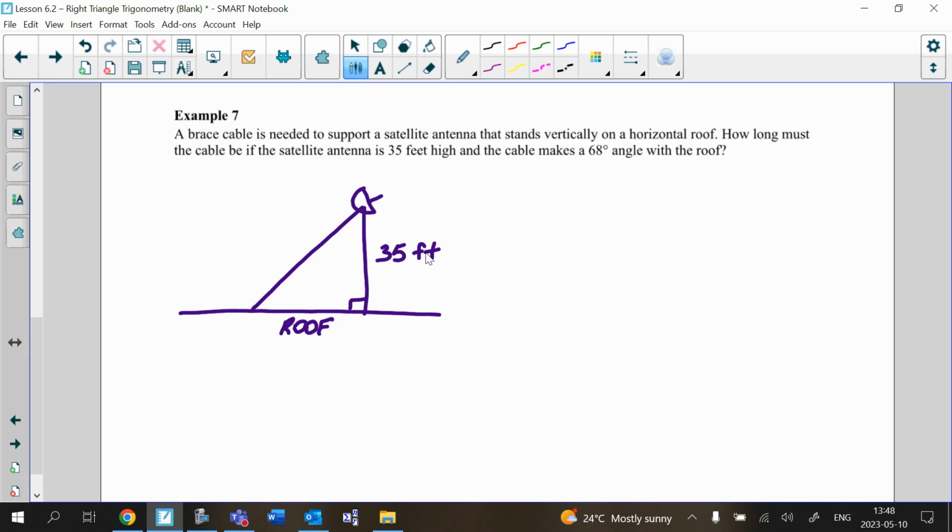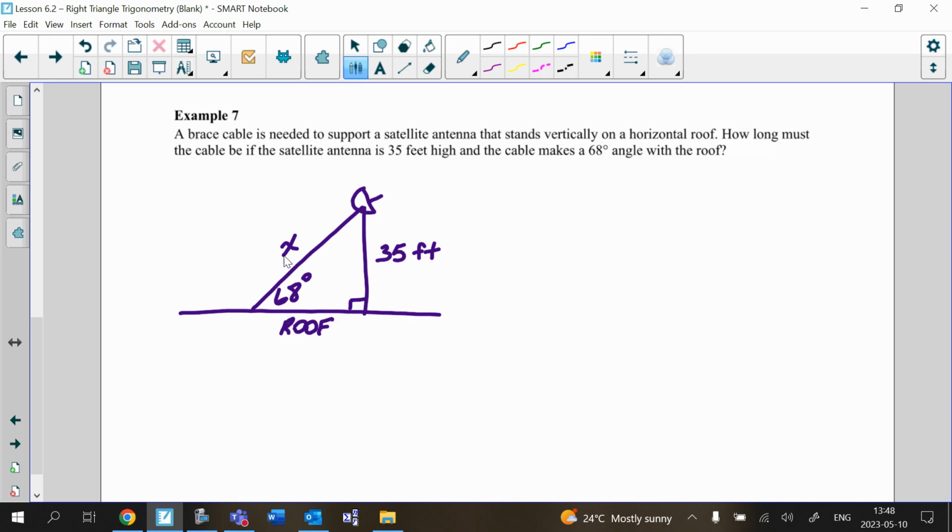What angle does it make with the roof? One arm is the cable, the other arm is the roof, so therefore 68 degrees. And what we're asked to find is the length of the cable. So that's our x.